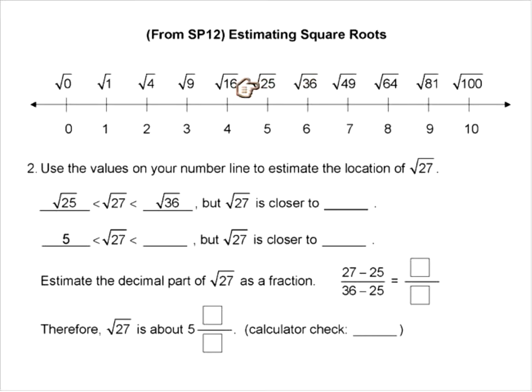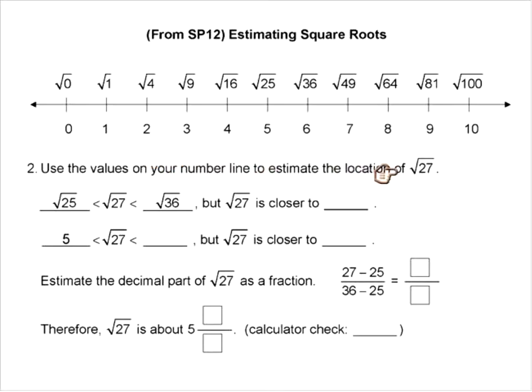Same thing here. Even though they might not seem like they're only 1 unit apart, the square root of 25 and the square root of 36 are just 5 and 6, and the distance between those is also 1.